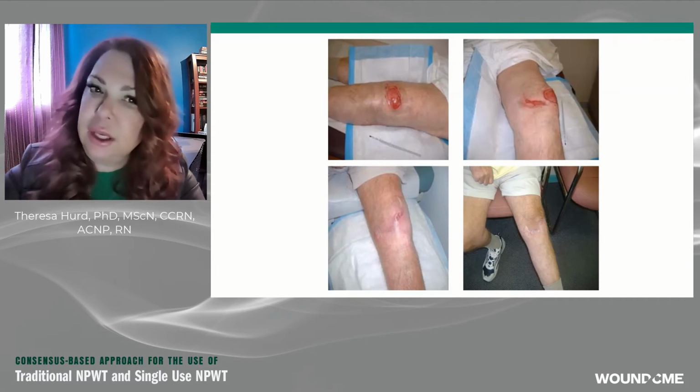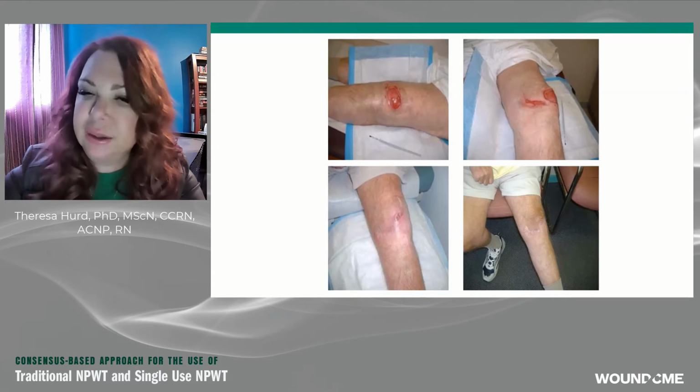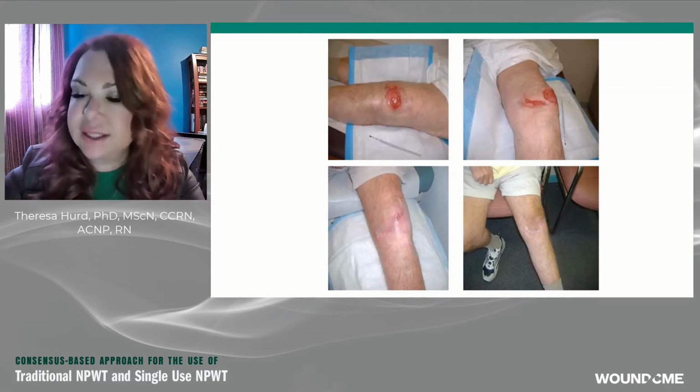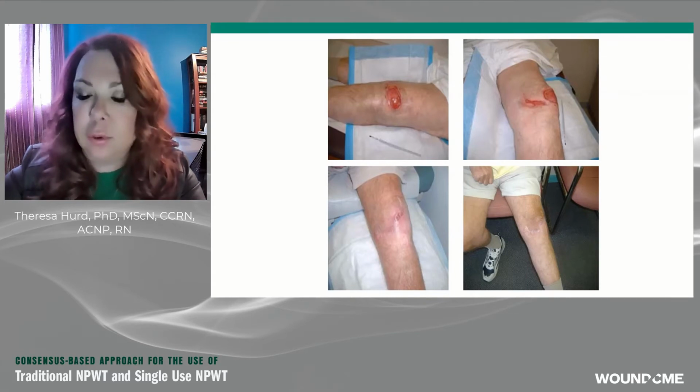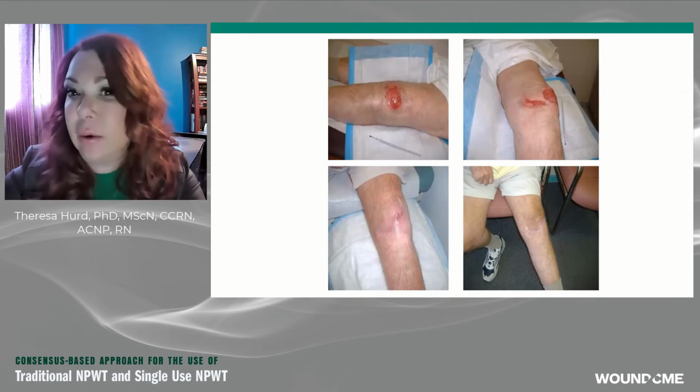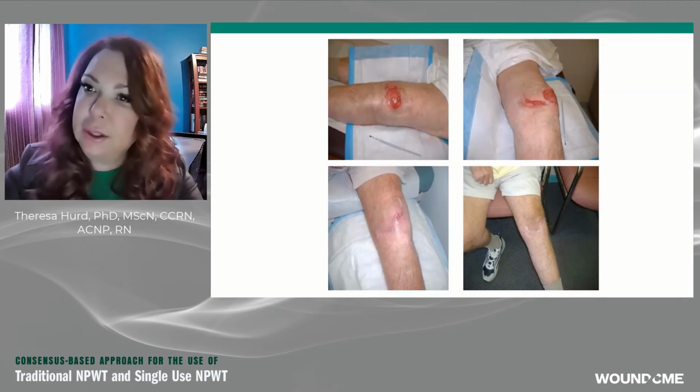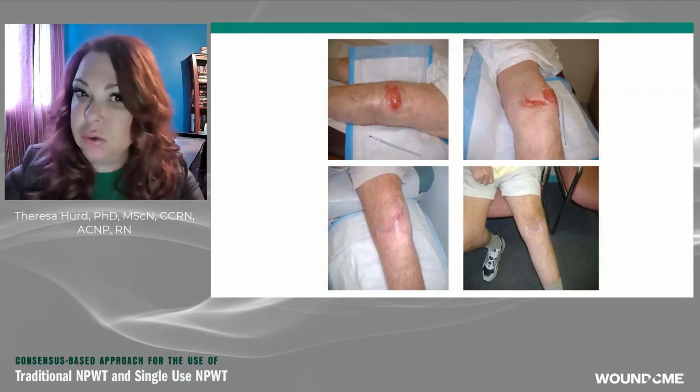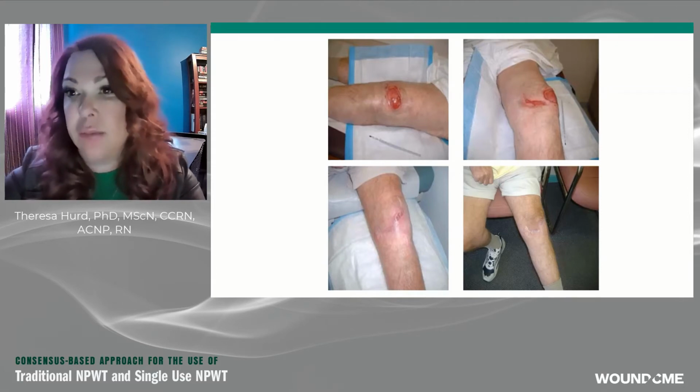But here's the thing. I knew I wanted negative pressure to get the contraction, to get the protection, to seal it off, to get more perfusion to the site, to allow him mobility. Which negative pressure did I choose? He didn't have a lot of drainage, he had a small amount of drainage.